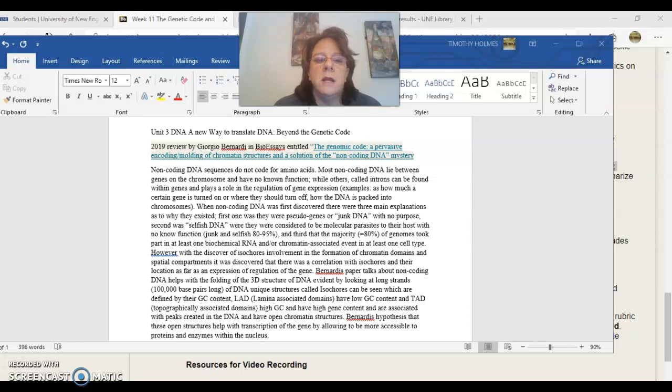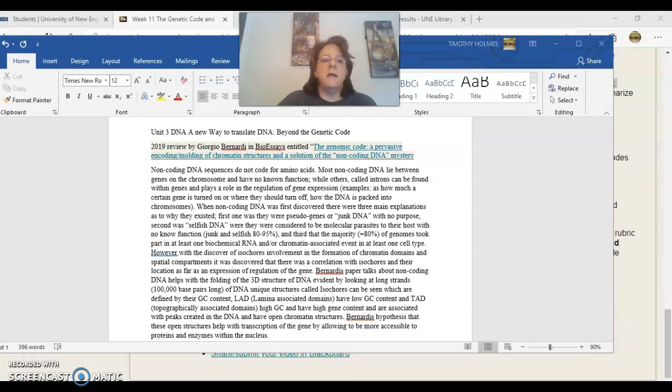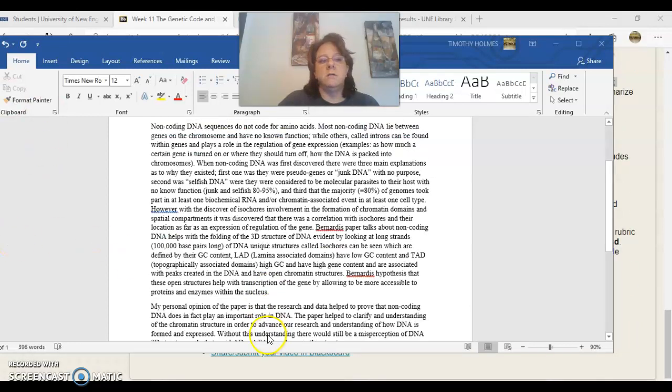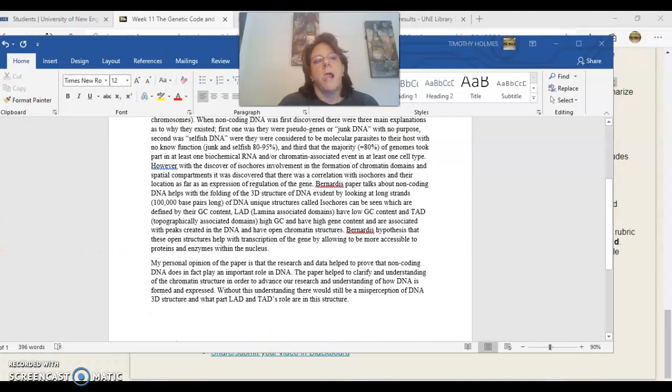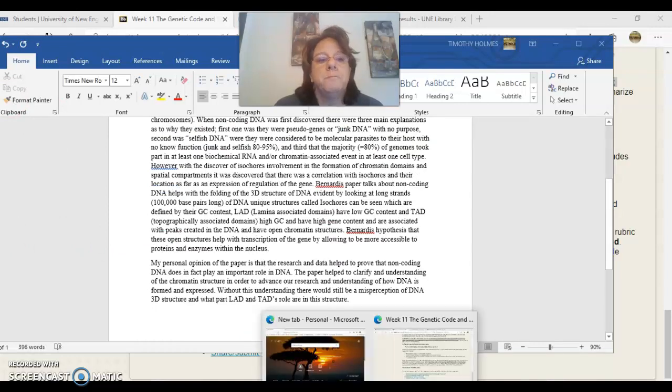When non-coding DNA was first discovered, there were three main explanations as to why they existed. One was they were pseudo-genes or junk genes with no real purpose. The second was that they were selfish genes or selfish DNA, where they were considered to be molecular parasites to their host with no known function.